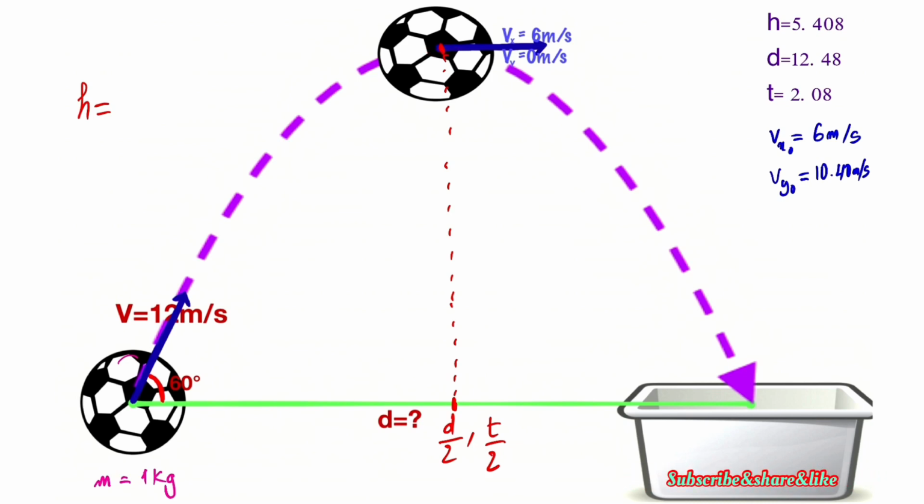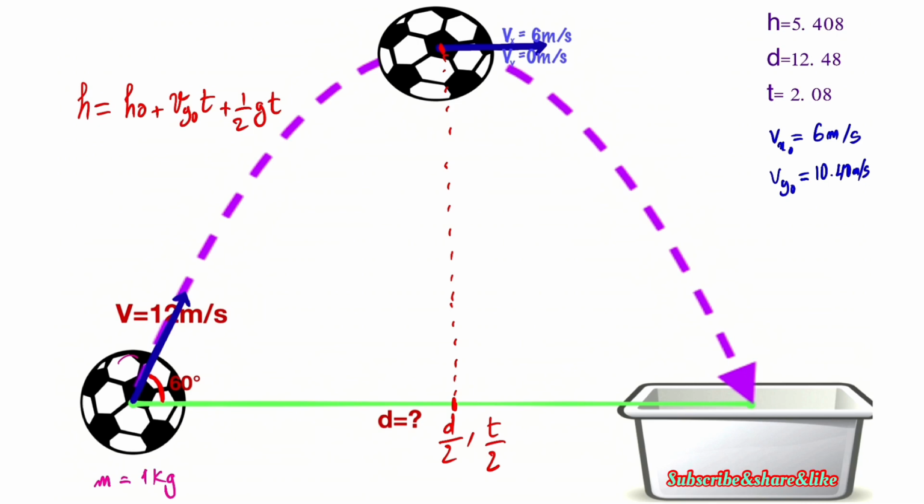So h is h0 plus vy0 t plus 1 over 2 g t squared. g is the gravity.